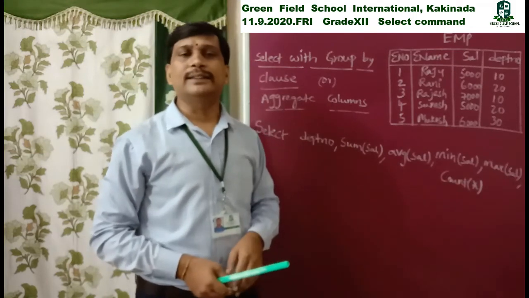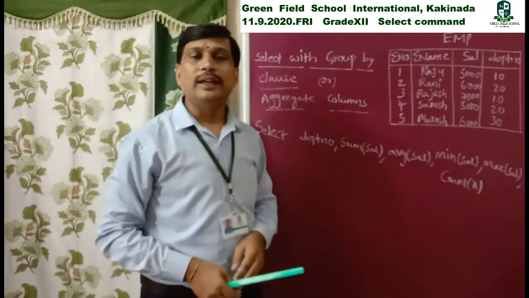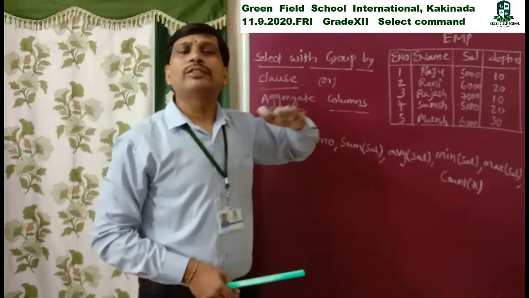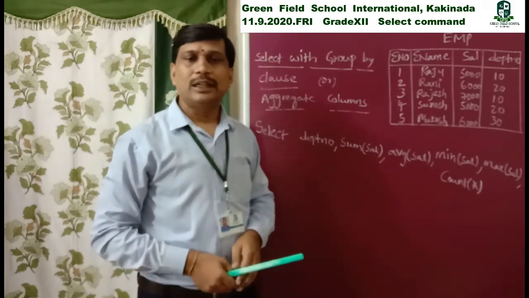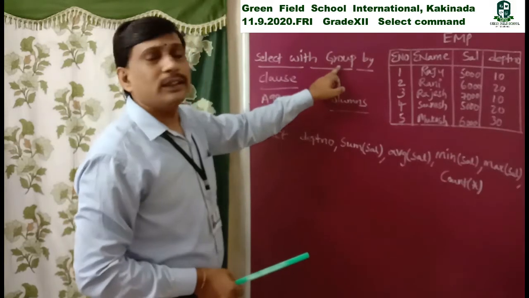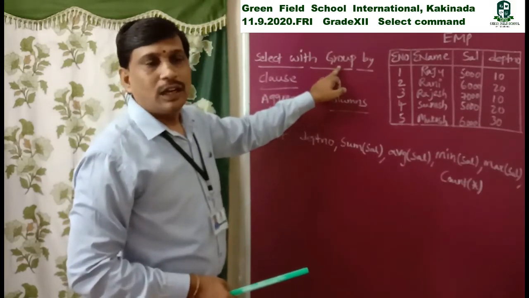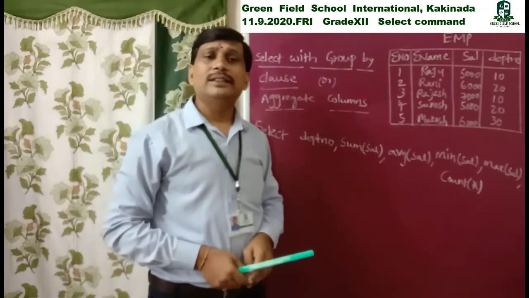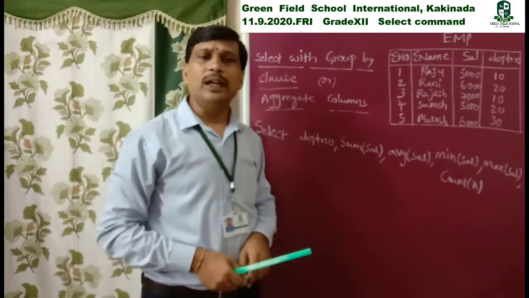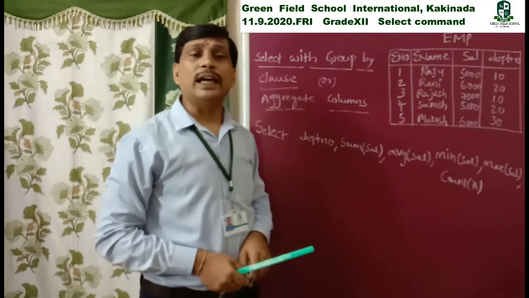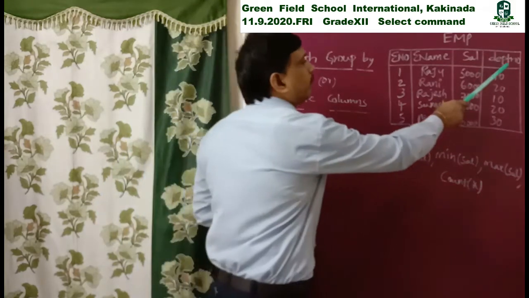Now we divide this single table into a number of parts by using this group by column.